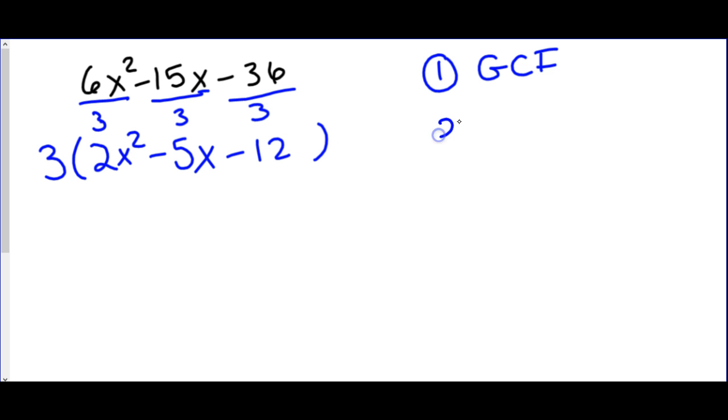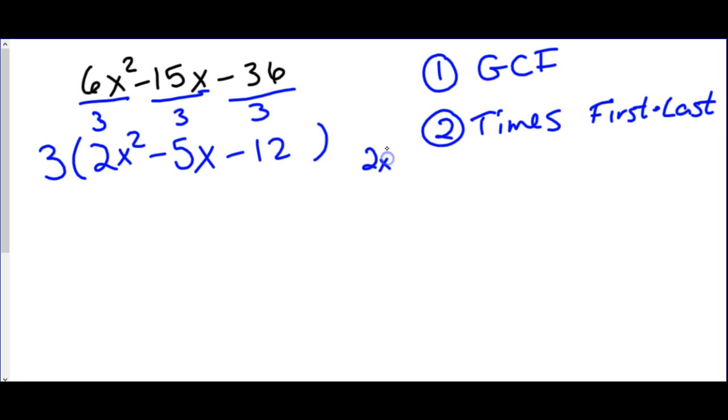So now our next step was to times the first and last term. So that was our 2x squared and our negative 12 in this problem, which would give me negative 24x squared.